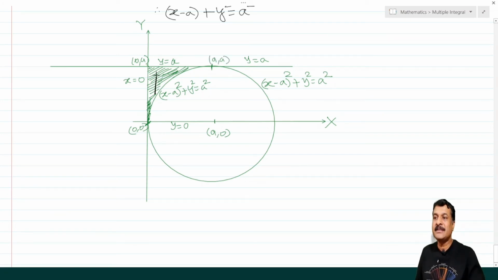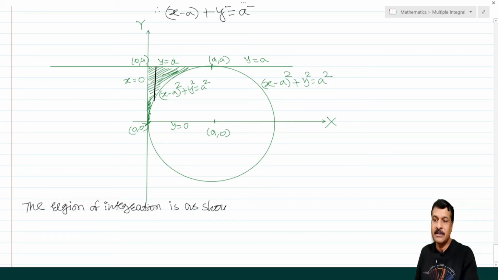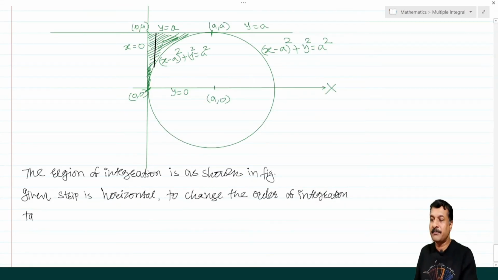Now change the order of integration, which means the horizontal strip is given, now change to vertical. So take a vertical strip now. Along this strip, when we extend it, it cuts the x-axis, which means x is constant and y varies. So the region of integration is as shown in the figure. The given strip is horizontal, so to change the order of integration, take a vertical strip.